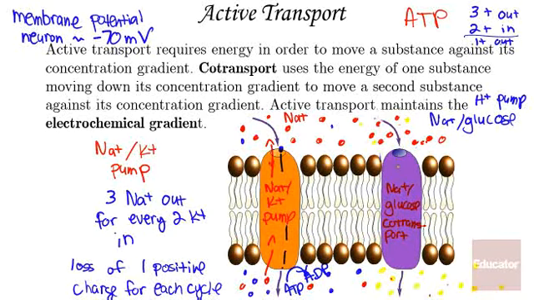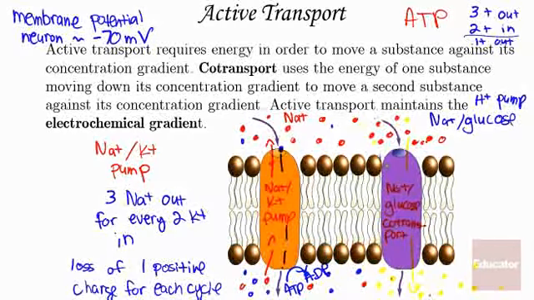Then glucose does not want to enter the cell, so it has to move via active transport. So if you look at this, the sodium and the glucose are moving in the same direction, but the sodium is moving down its concentration gradient, whereas the glucose is moving against its concentration gradient. So the glucose requires energy to move in that direction, whereas the sodium does not.